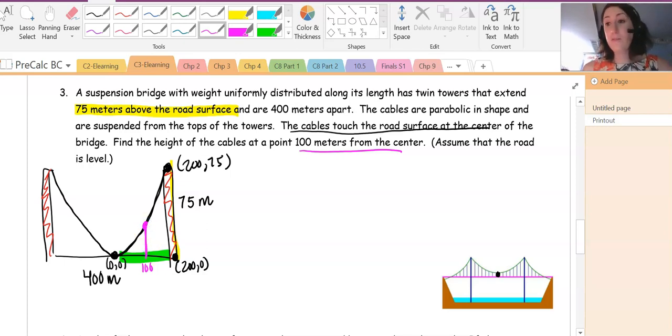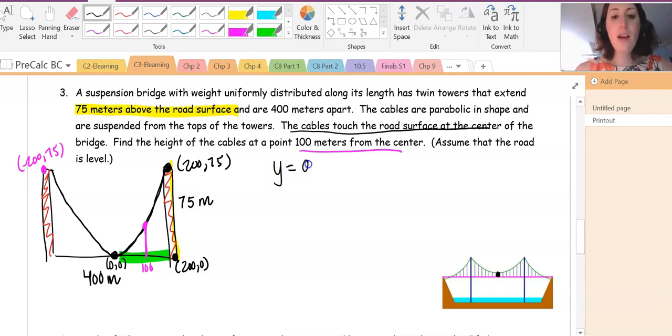So we are looking for a y coordinate. Okay, now you could also work with this point over here. This would be a negative 200, 75 if you'd like, but I think most people would just prefer to work with the positive. Okay, all right, so what are we going to do for this? Well, one thing that helps is to start with a vertex form.